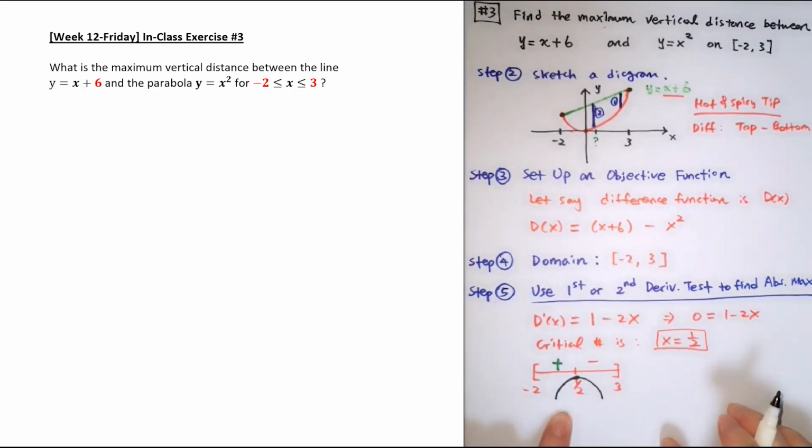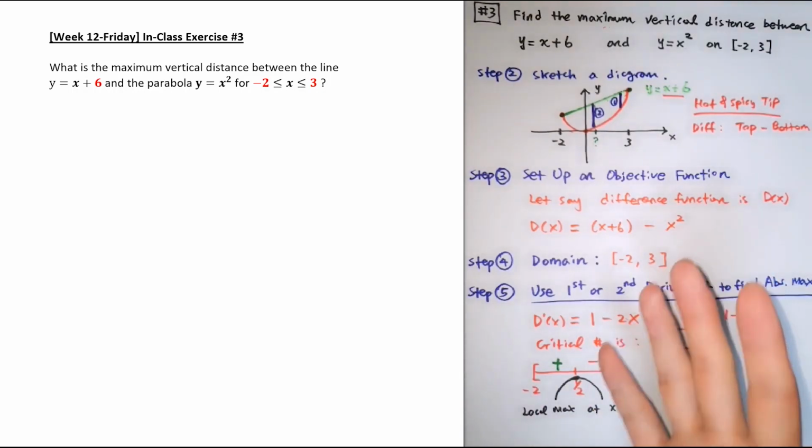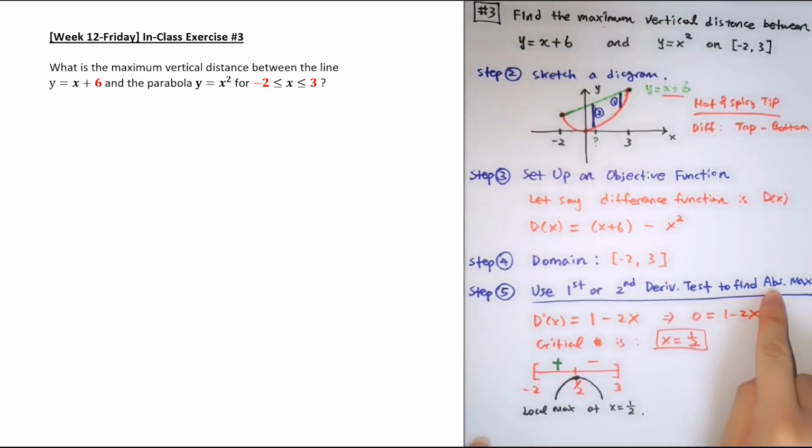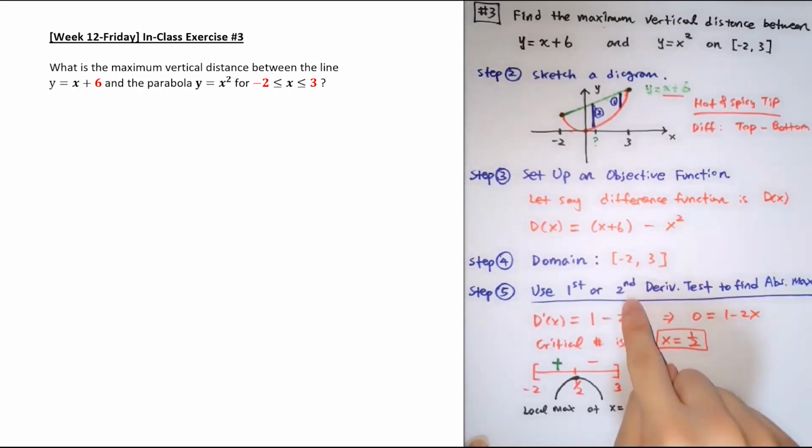And did you see that, everyone? Increasing and decreasing means 1/2 is a local max. But you know, we're not interested in finding the local max. We're trying to find out the absolute maximum. For the closed interval domain, feel free to use a table of values.